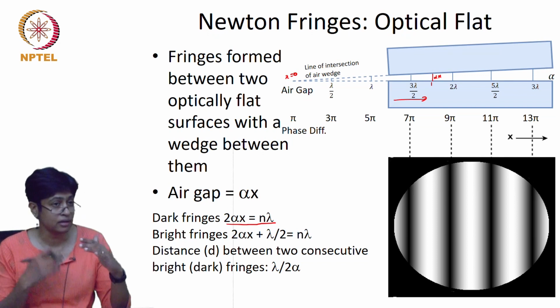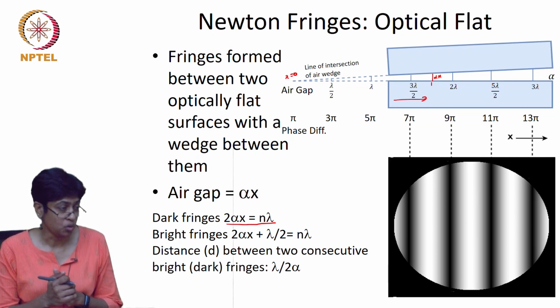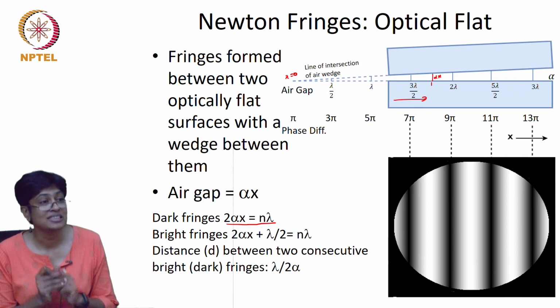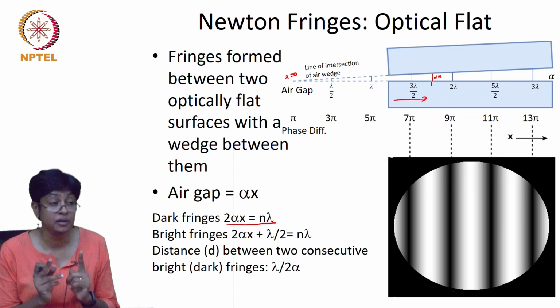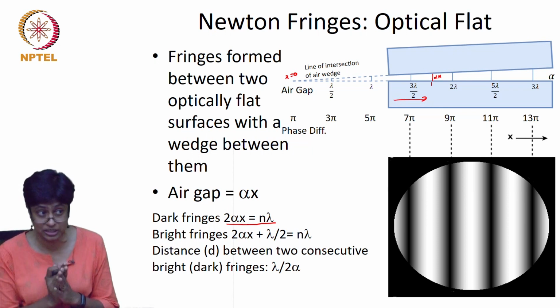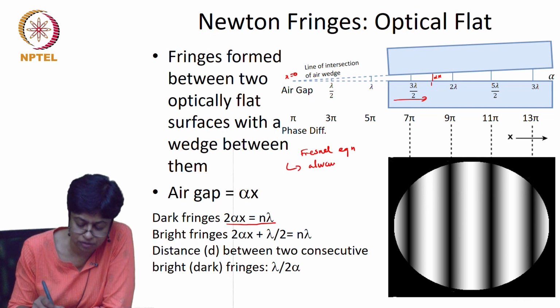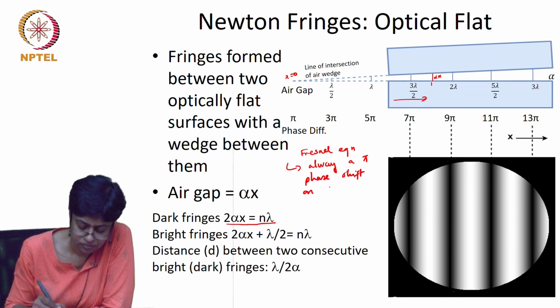So you have air and you have a dielectric surface. What happens on reflection? There is a pi phase shift. So if you remember when you were studying boundary conditions and Fresnel equations, your Fresnel equations would have told you there's always a pi phase shift on reflection.